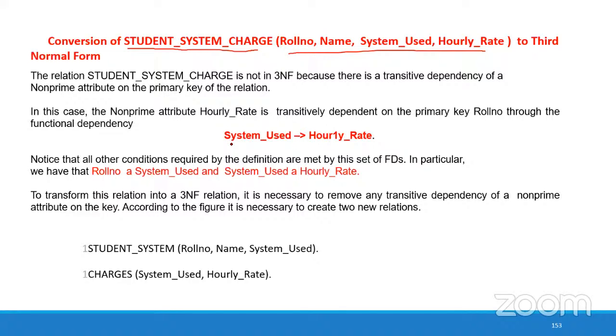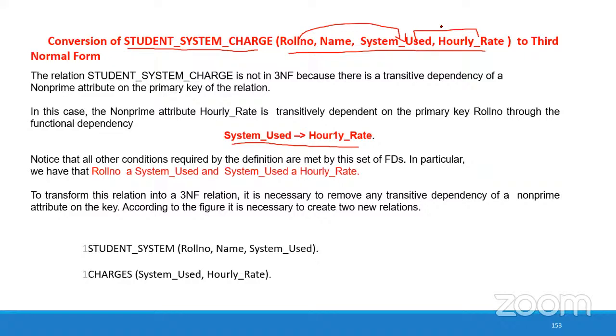So here you can see a functional dependency, a transitive dependency. There is a functional dependency between roll number and system used, because we are assigning each and every system to a particular student with their roll number. After some time he has used the system for 3 hours or 5 hours, and we calculate his amount, that is hourly rate.